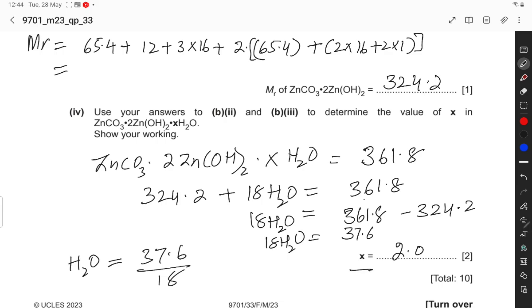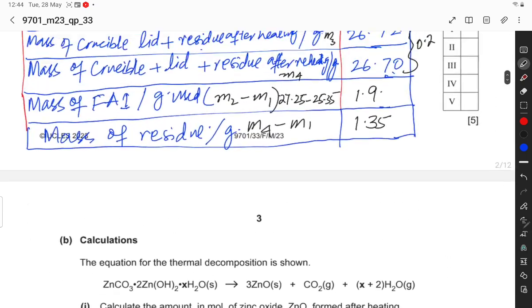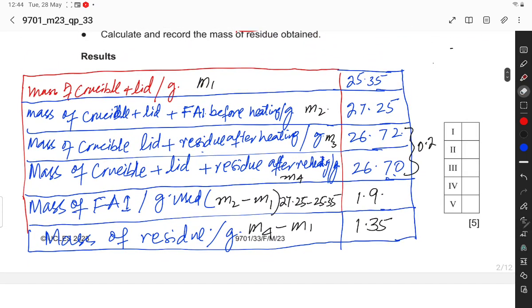This X is the mole of water. So now we can change over here. So this should be 1, 2. This should be 2.